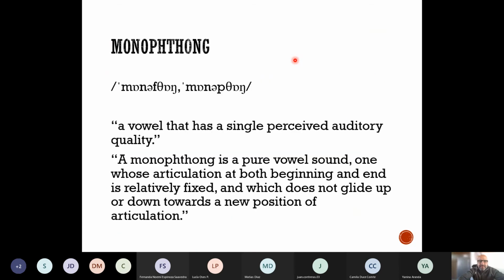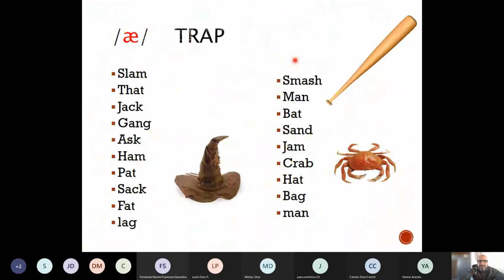Okay, move on to the next one. After we check this out, we're going to have a break, okay? This vowel sound is as in bat, Batman, trap.